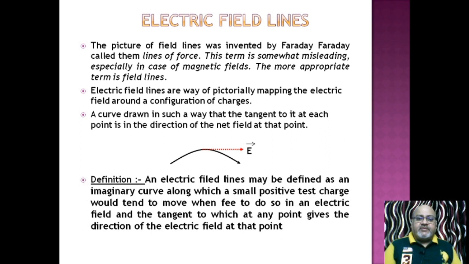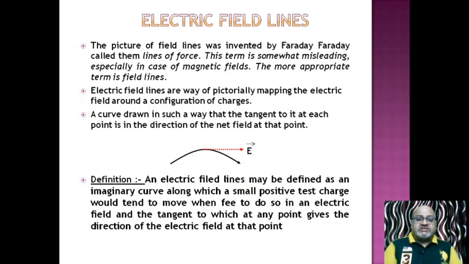So what is an electric field line? An electric field line is an imaginary curve along which a positive test charge moves. Now what is a test charge? A test charge is a vanishingly, infinitely small charge which does not alter the field produced by the source charge.